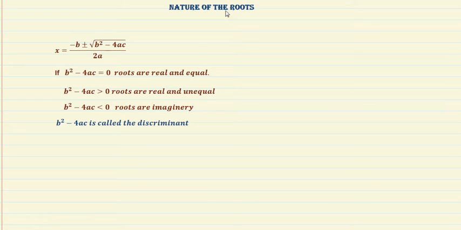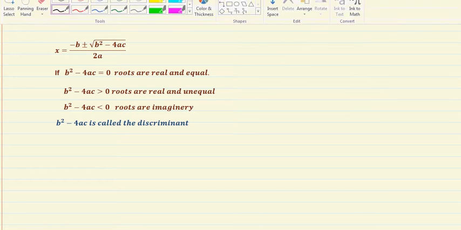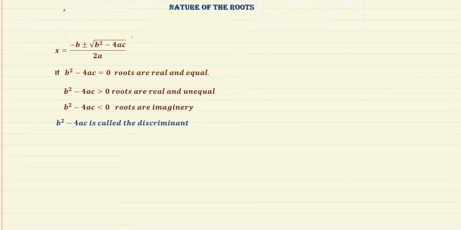Now one more important topic: we are going to learn about the nature of the roots. As we know this formula, x is equal to minus b plus or minus root of b square minus 4ac over 2a. If an equation is given, you just take down the a, b, c values and substitute them into b square minus 4ac.